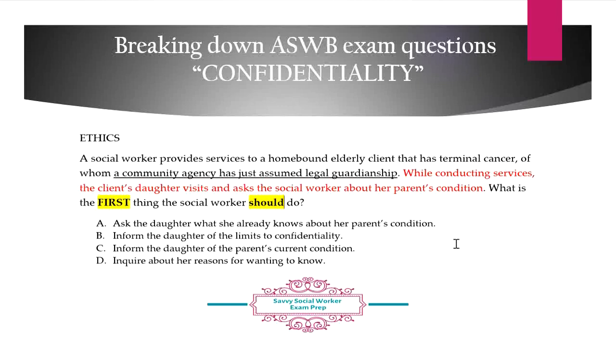Just imagine yourself being there and she walks up to you. You know that a community agency has just assumed legal guardianship. This question will be irrelevant, saying, oh, well, tell me what you know and I'll fill you in on the rest. So that's definitely not what you should do. That is not the ethical thing to do.